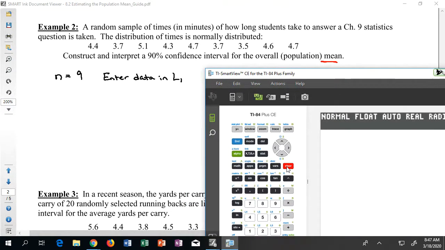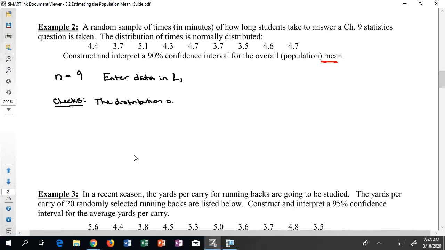But before I do that, I'm going to just run the checks just to make sure here that everything is good to go. Do I have a big enough sample size? Well, no, I only have 9. But I am told the distribution of times is normally distributed.